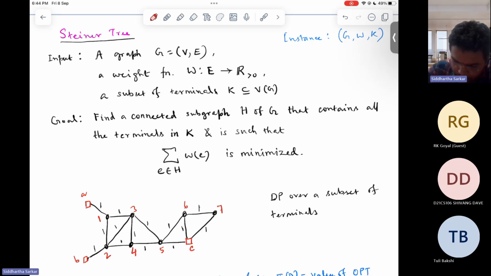Clearly, if we want to have any connection in the graph with A, this edge has to be taken, because A is a vertex with degree 1. Its only edge must be taken. So let us take this. B also is a vertex with degree 1, so this edge has to be taken. But for C, there are choices. You have three possible edges that you can choose.